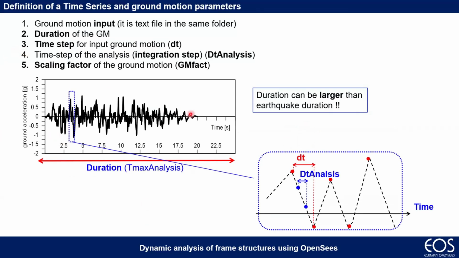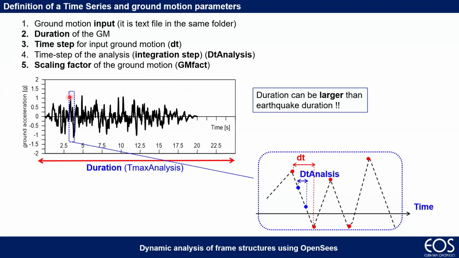From the ground motion data, you need the duration, how long the input is, starting from which you can define how long your analysis is. That can be longer or shorter, as you want, typically longer, okay?